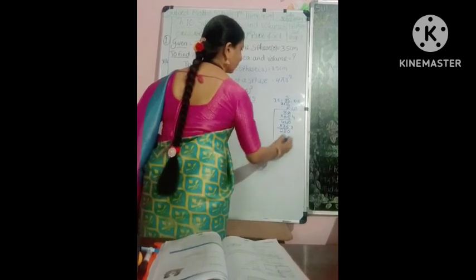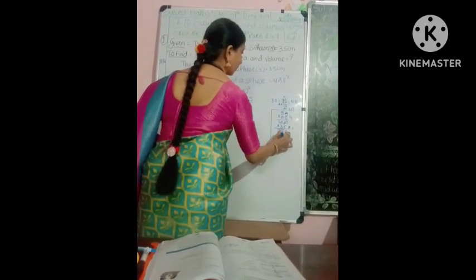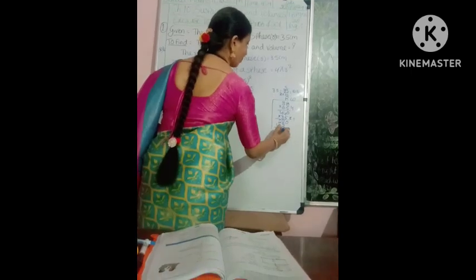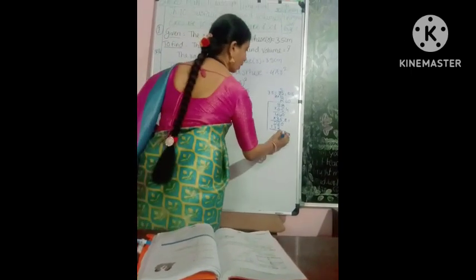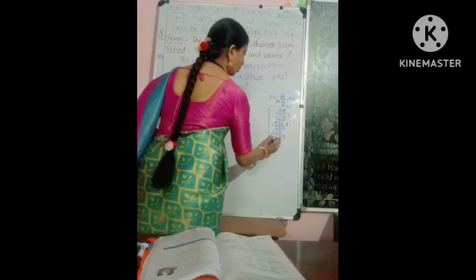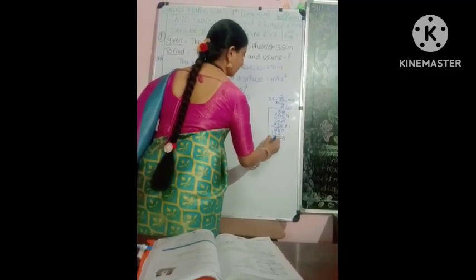Next, 3 4s are 12, 12 plus 1 is 13. Sum of these two terms: 2 plus 3, 5, and 1.